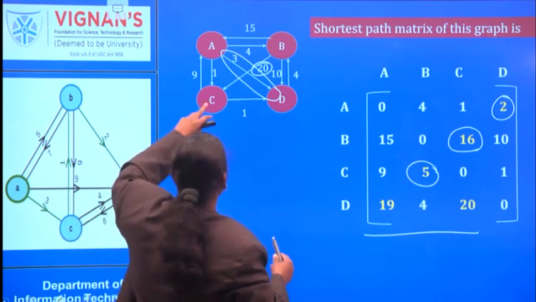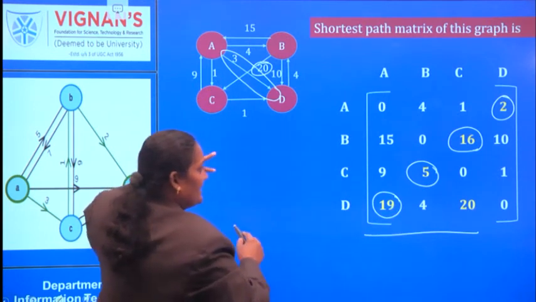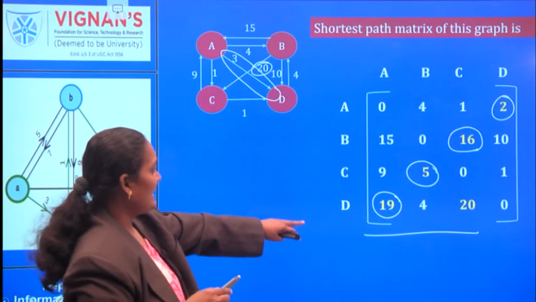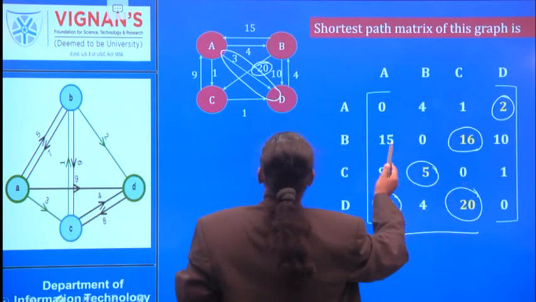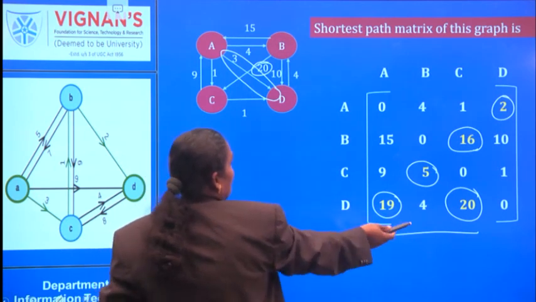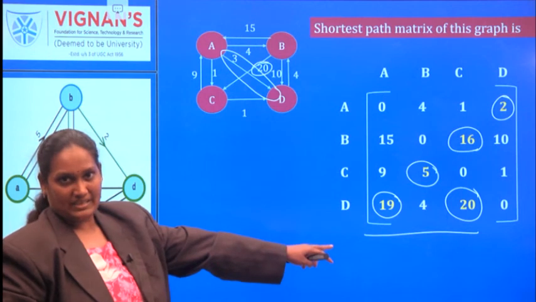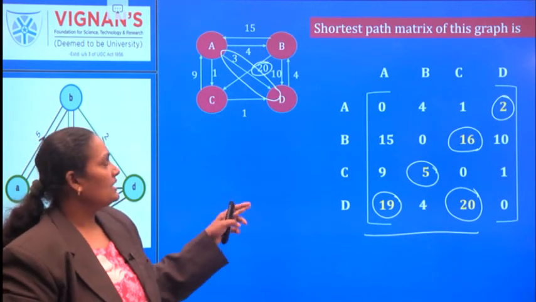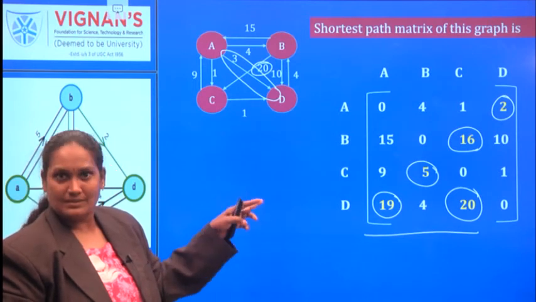Now cost of D to A. D to A is also, there is no path, actually its value is infinite, but its value is updated as 19. And cost of moving D to C. D to C is also updated as 20. Actually there is no path from D to C, its value is updated. By analyzing that algorithm, you can get all these updated values into the shortest path matrix.